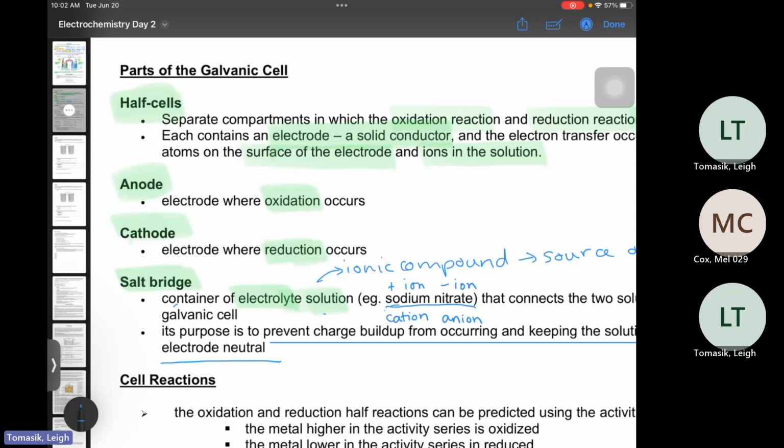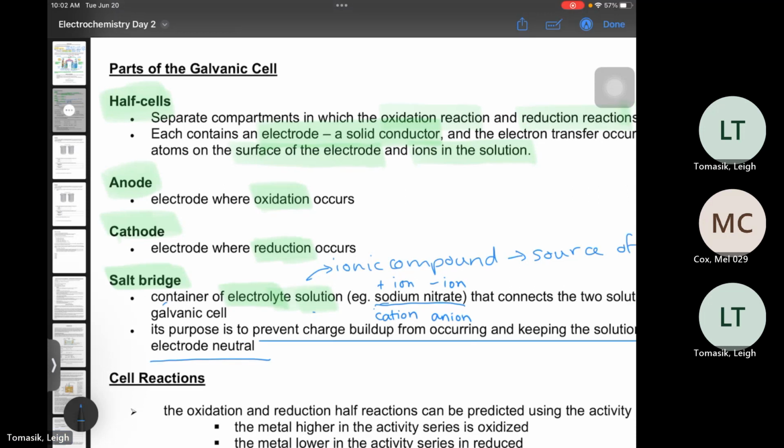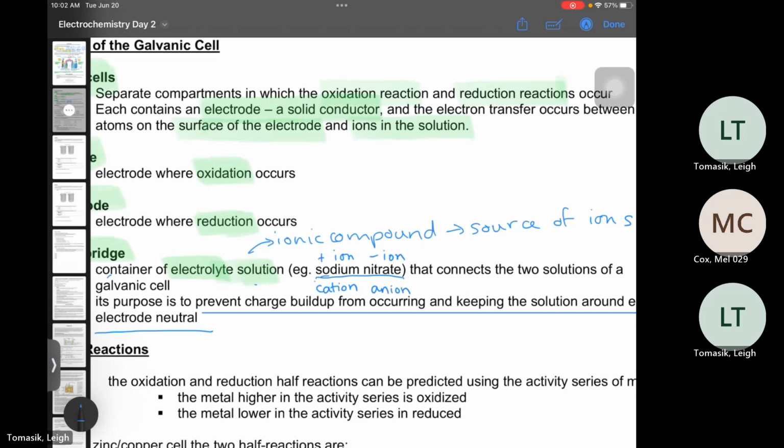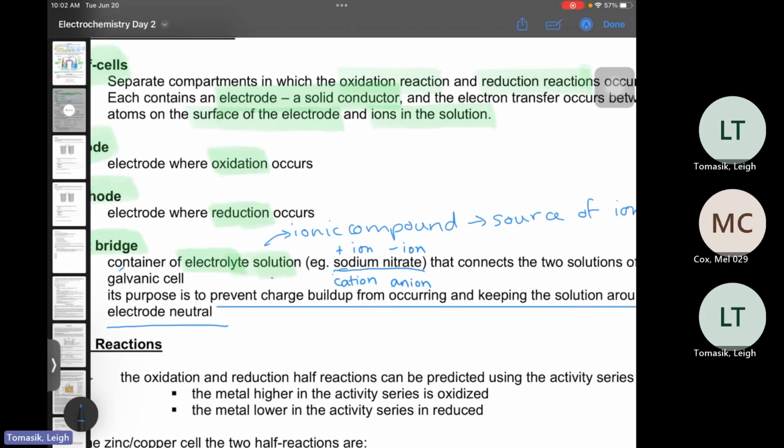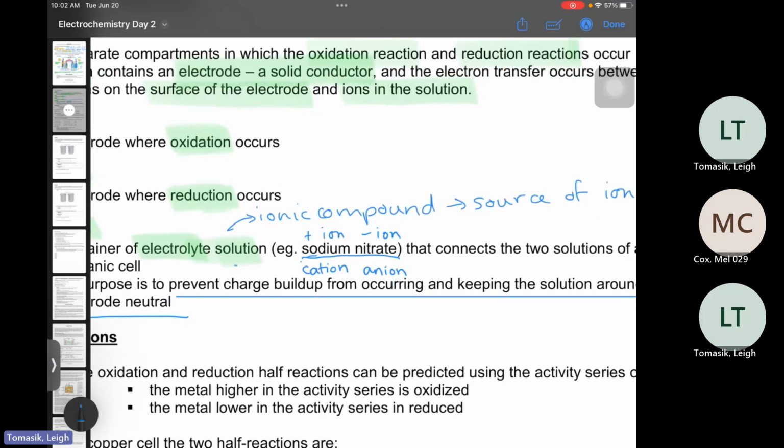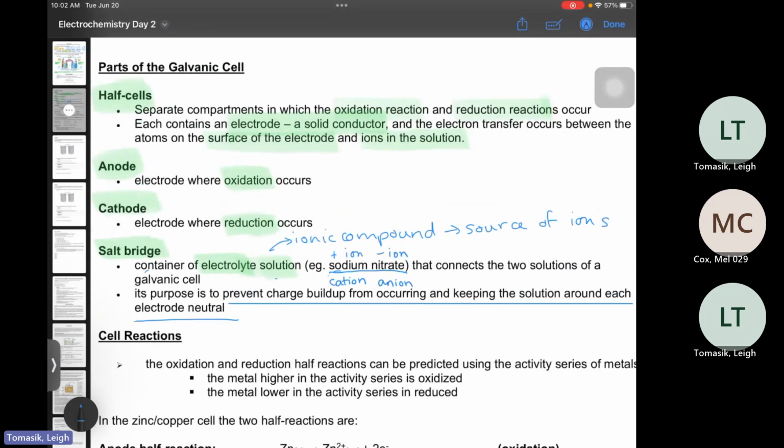The anion is always the second thing. The anion will go to the anode, and the cation will go to the cathode, so you can see sort of where they got their names from. Anyway, the salt bridge connects the two solutions of the galvanic cell, and the purpose of it is to prevent the charge buildup from occurring and keep the solution around each electrode neutral.